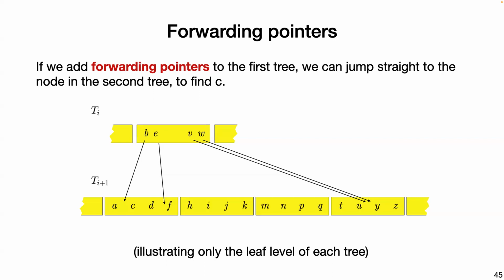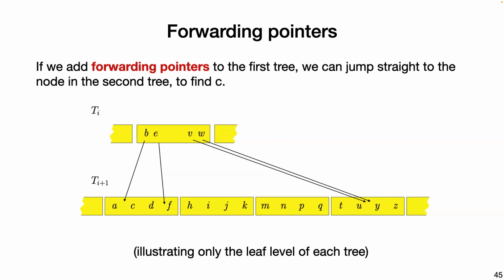What are the pointers designed to do? They're designed to help search, because if you search in this earlier tree, then you use them to point to a closer location in the later one. If I'm looking for C and it's not in T sub I, then instead of searching T sub I and then searching T sub I plus 1, I can add a forward pointer and search that. Then it is pointing to the one before C, and the next time I search C, I can get it faster because I can just follow the forward pointer instead of searching.